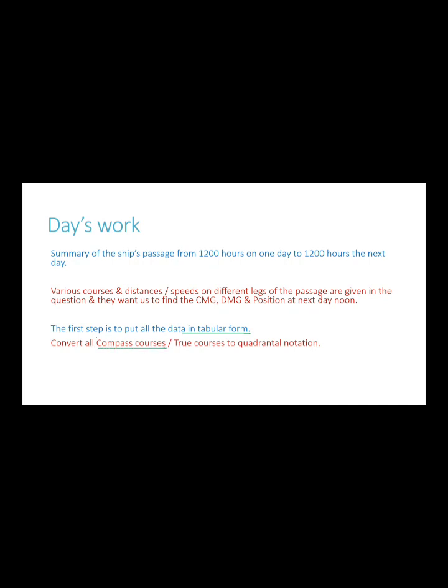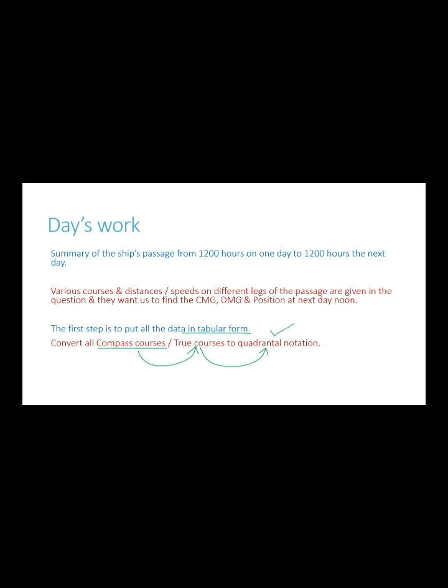So we have to convert all these compass courses to true courses. Okay. So this could be a compass course, a gyro compass course or a magnetic compass course. We have to convert it to true course. And once we have the true course, we have to convert it to quadrantal notation.